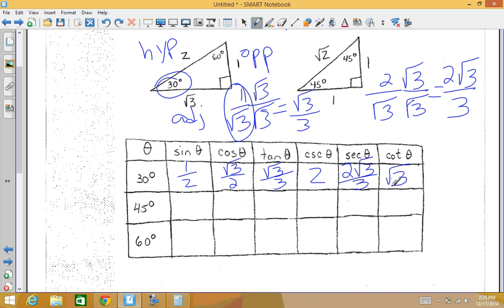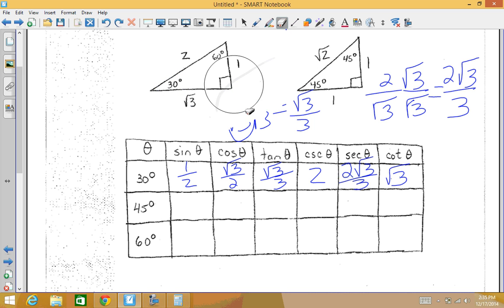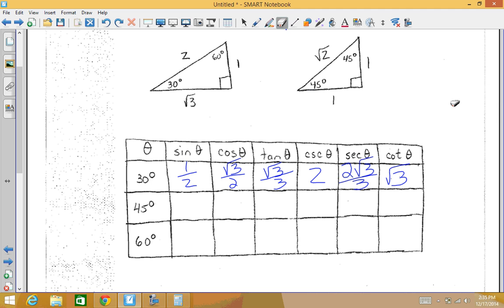All right, so let's do it again. This time let's jump down to 60. We'll stick with the same triangle. So the opposite now is the square root of 3. The adjacent is now 1. And the hypotenuse is still 2.